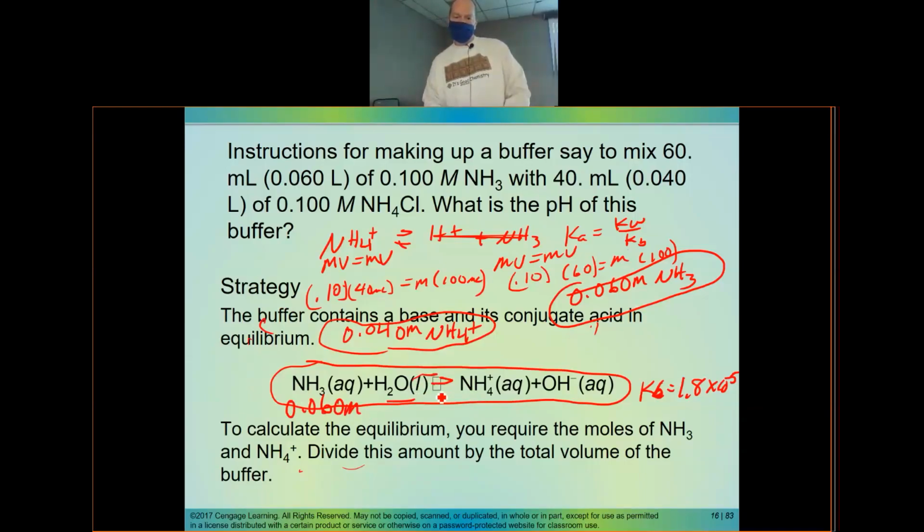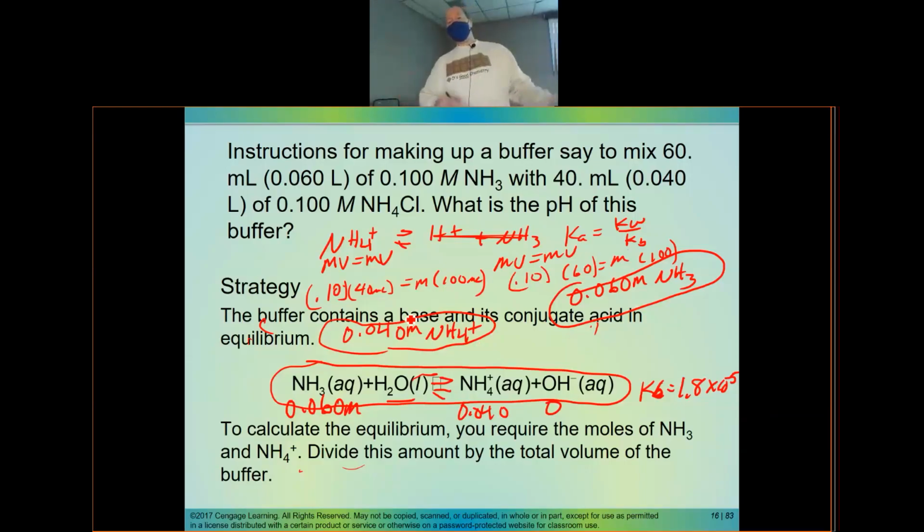It is not in our equilibrium. NH4 plus concentration is 0.040. And the amount of OH minus added in this is 0. So we have a reactant and we have a product. We have one of each that are not 0. That means that we do not have to do our Cb over our Kb. We know that our X1 value is our answer.